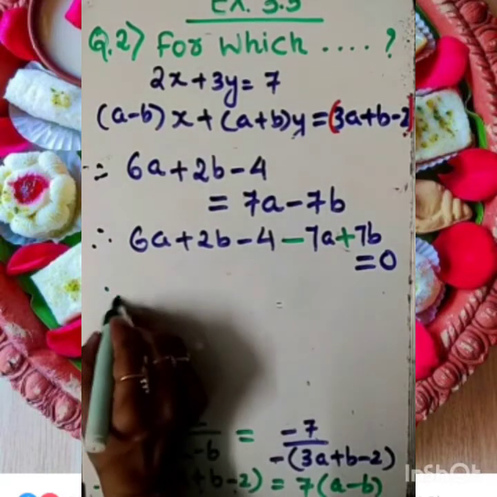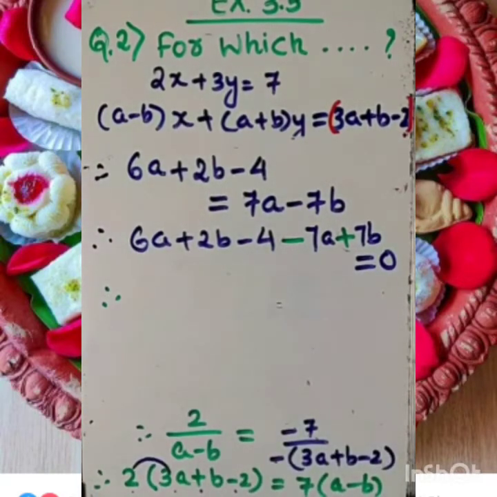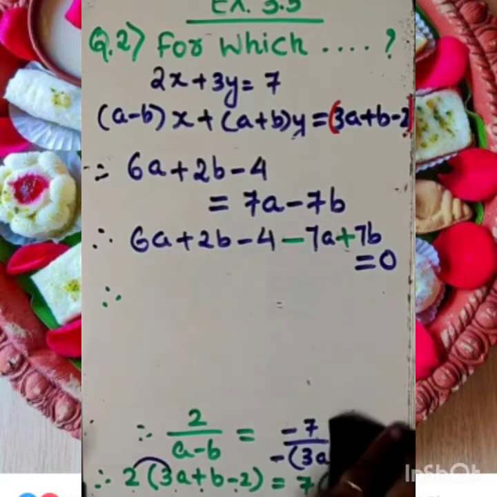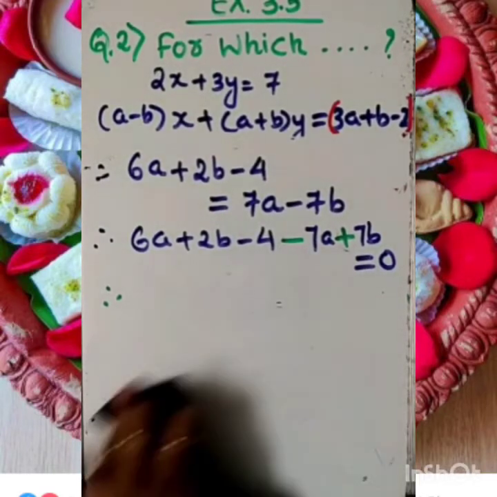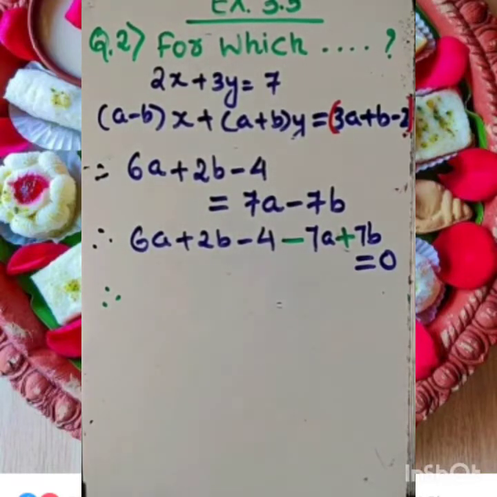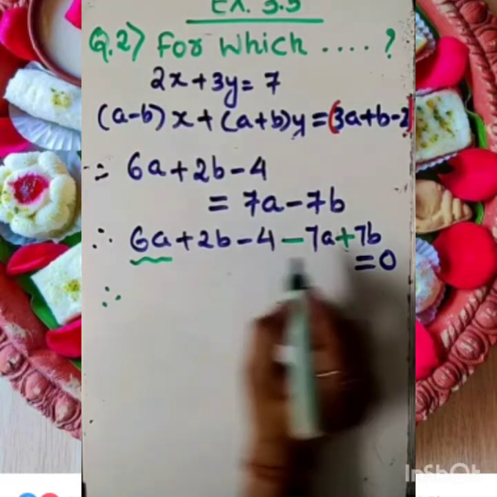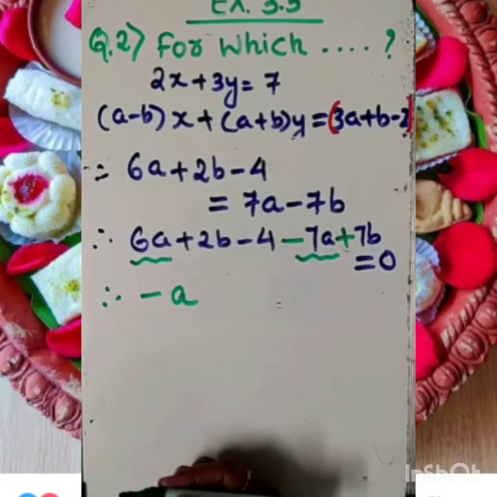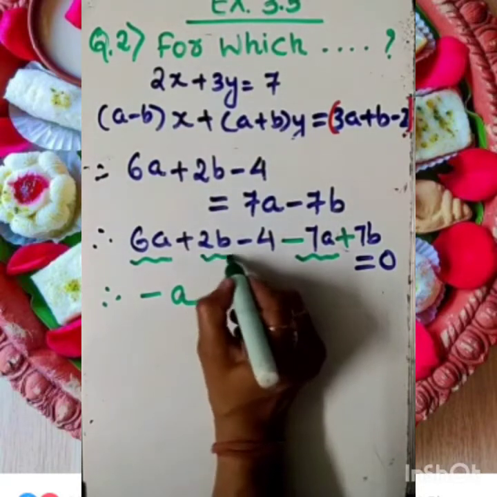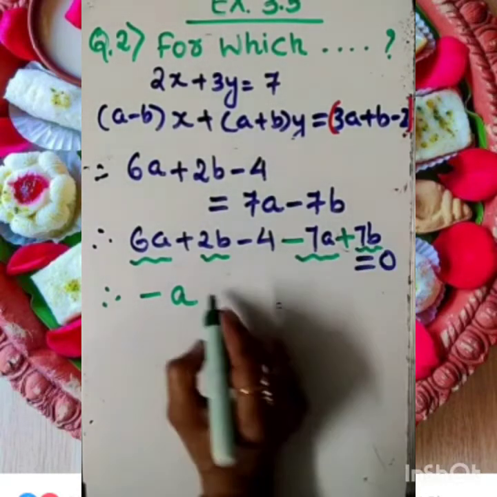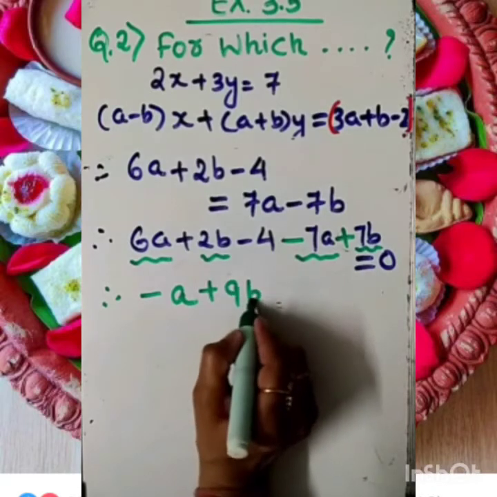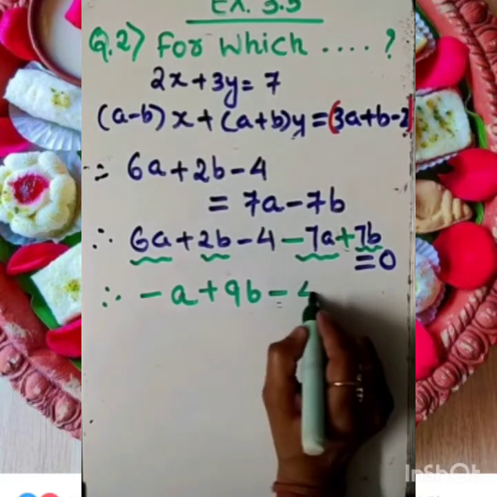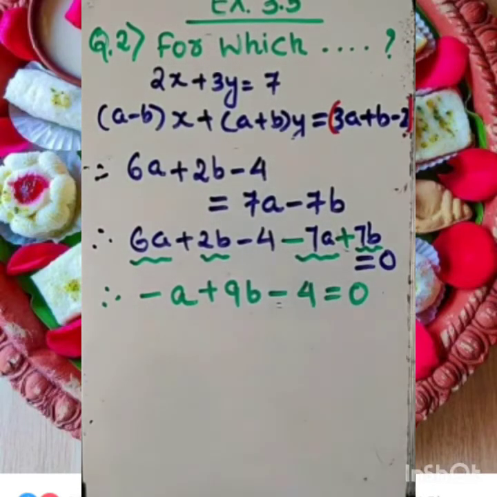So next step, what do we have after that? Which two terms are similar here? The a terms, so 6a minus 7a gives the result minus a only. We know that plus 2b plus 7b gives the result 9b. And of course, minus 4 equal to 0. Fine.